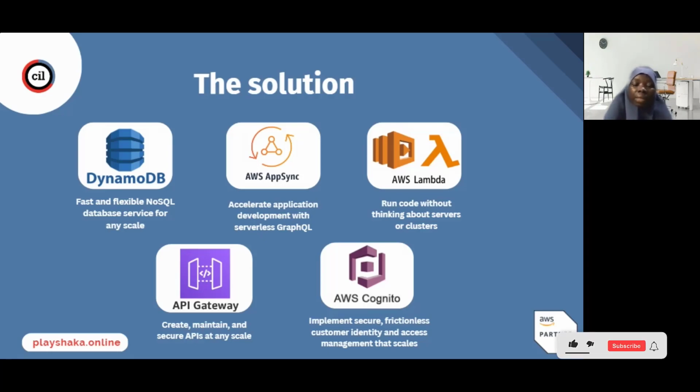And that is why we have DynamoDB used for our database. DynamoDB is a fully managed NoSQL database service. It is very fast and flexible. It can handle large amounts of data at a very low cost. Don't forget that one of our keywords is the application should be cost effective. And that is why DynamoDB is in use.